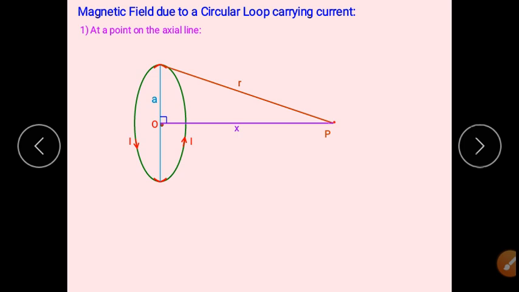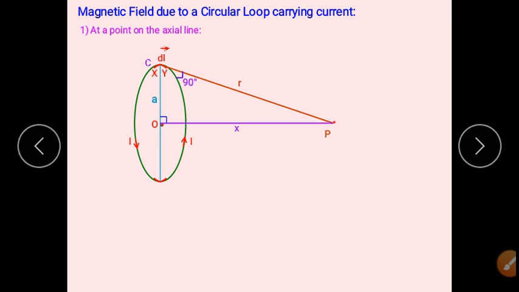The distance of the element xy from the point P is given as r. Now the length of the small element xy is dl.